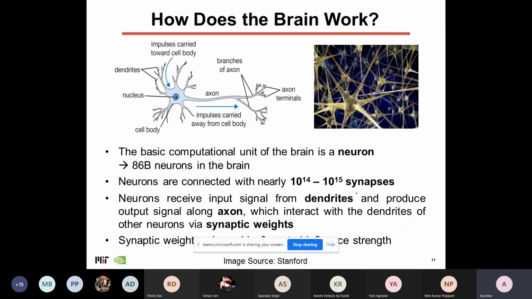So first, very quickly, how does the brain work? Maybe it's your class 9-10 biology concept. You know that the basic computational unit in our brain is the neuron. These neurons are connected through units called synapses, connecting layers.